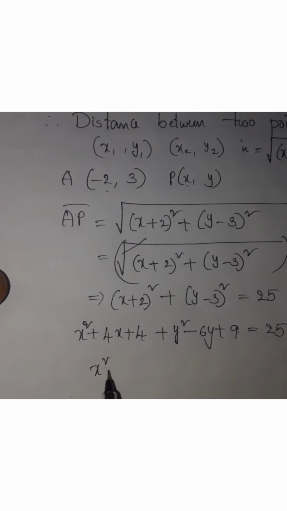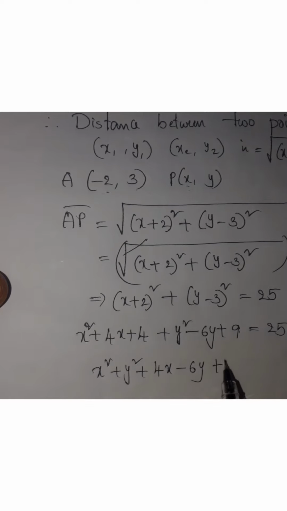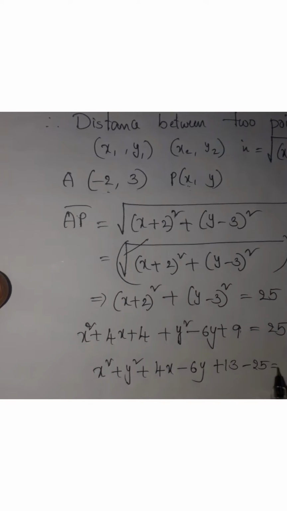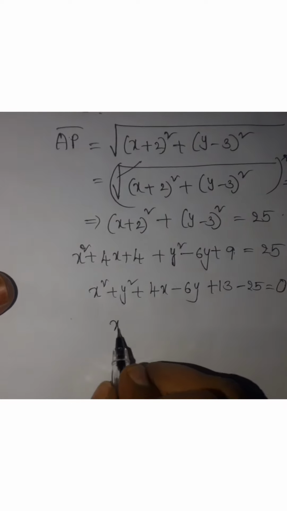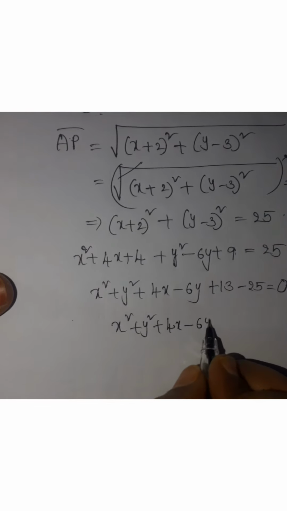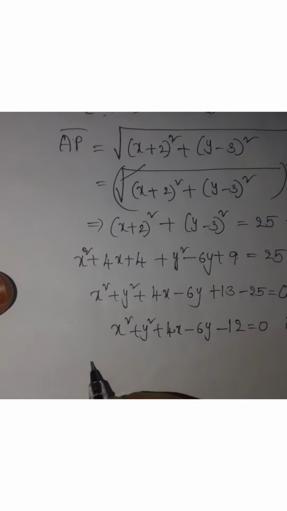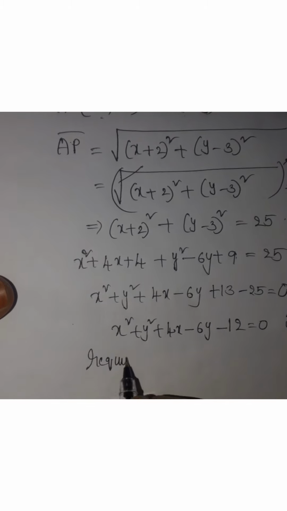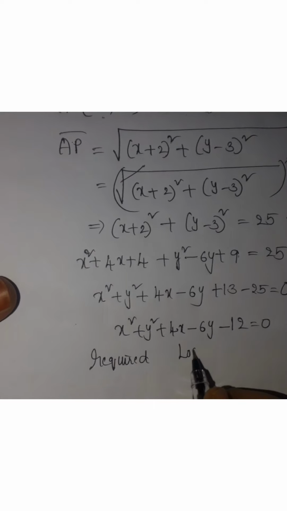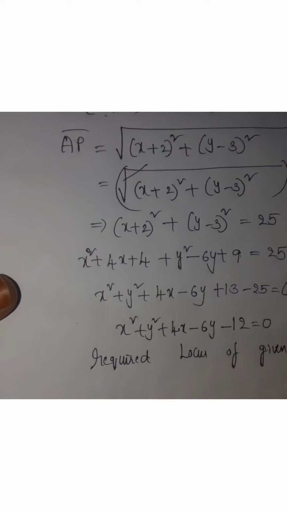So x square plus y square plus 4x minus 6y plus 13 minus 25 is equal to 0. x square plus y square plus 4x minus 6y minus 12 is equal to 0 is the required locus of the given point P.